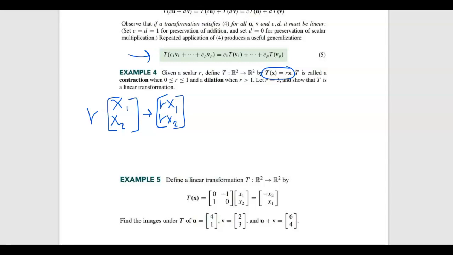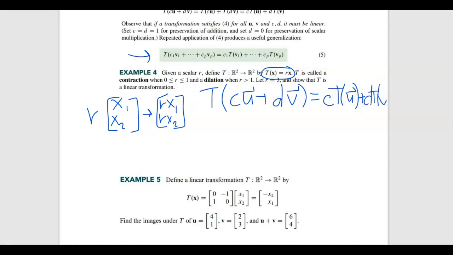If it's a linear transformation, then what needs to be true is that T(cu + dv) must be equal to cT(u) + dT(v).